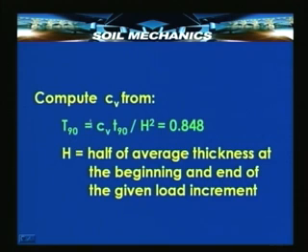Finally, once we know capital T90 is equal to 0.848, we have a method to calculate CV, since we know small t90 and capital H, which is nothing but half of the average thickness of the soil sample in the oedometer test.